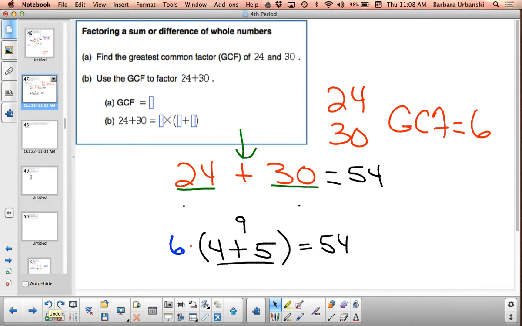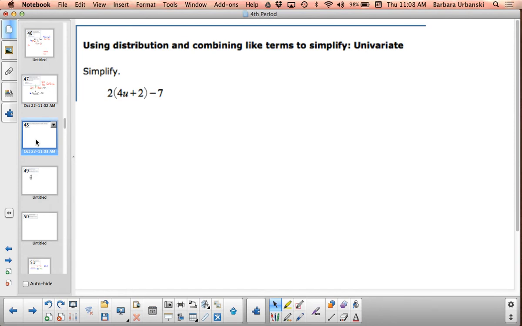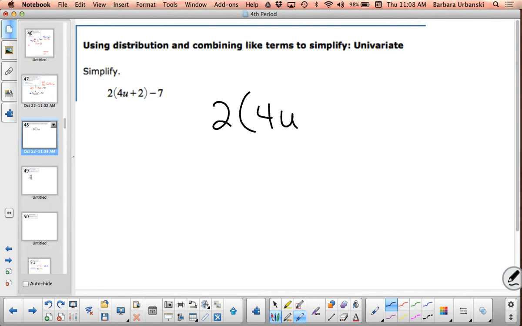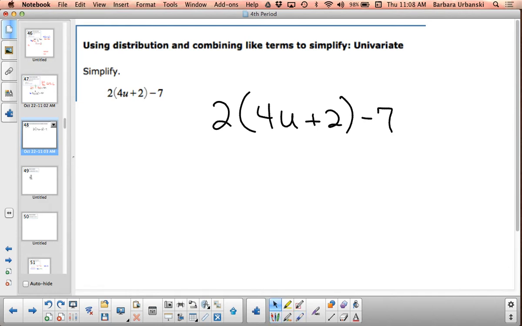The next thing that I'm going to take a look at would be a problem like this, where we're looking at 2 times the quantity 4u plus 2, minus 7. Now here again, we're trying to get into the distributive property. Order of operations tells us to do what's in the parentheses first.